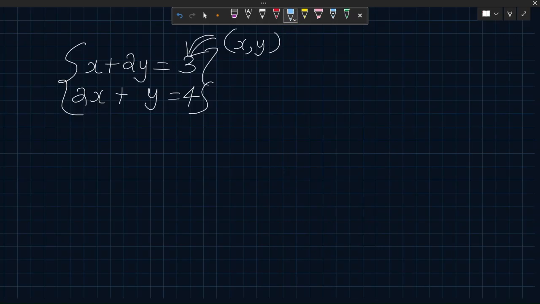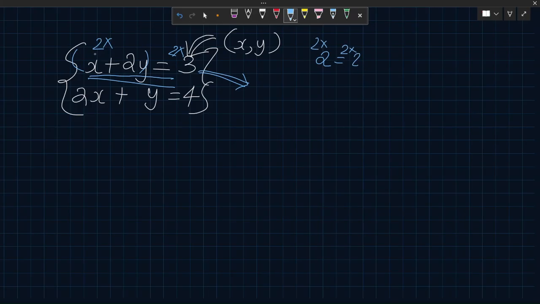One idea is this: if x plus 2y is 3, I can multiply both sides of the equation by 2. Isn't that wrong? No, it's not wrong. If 2 equals 2, and I multiply both sides by 2, that means 4 equals 4.